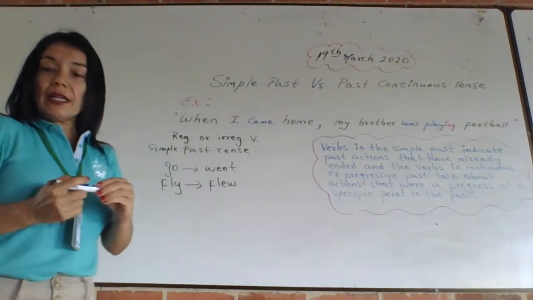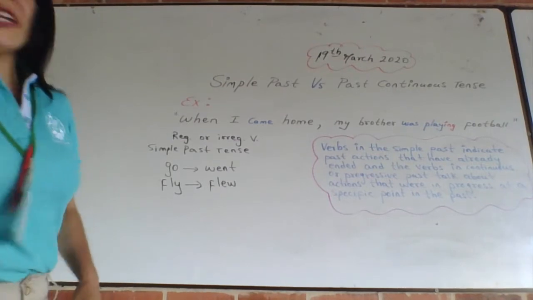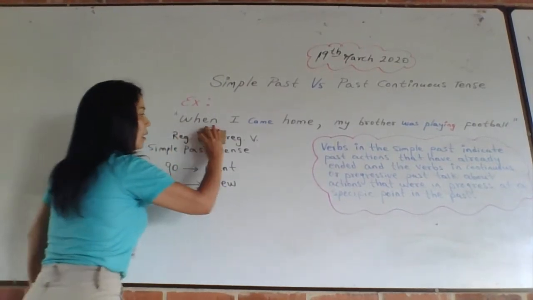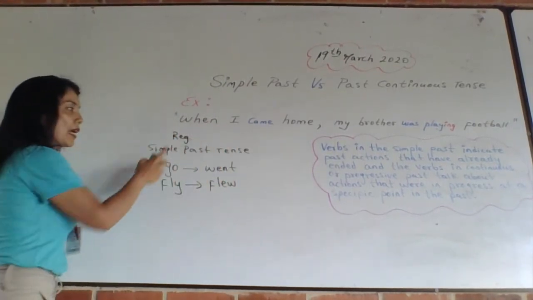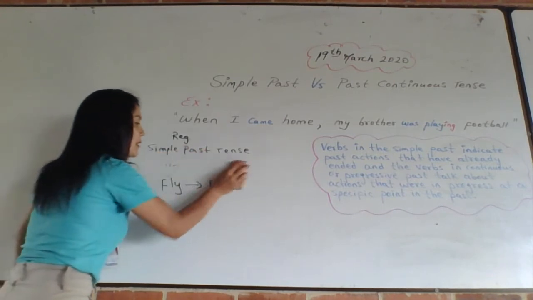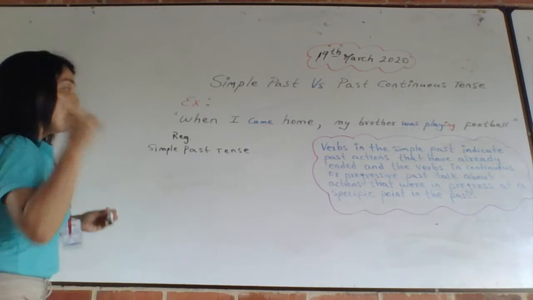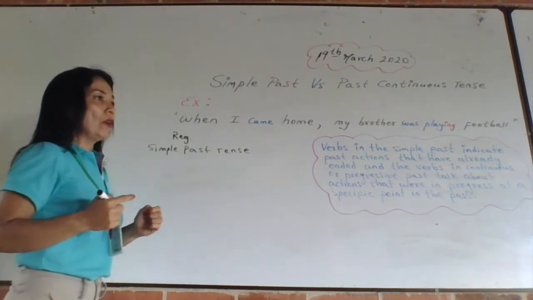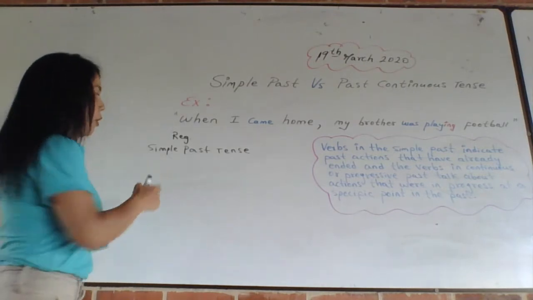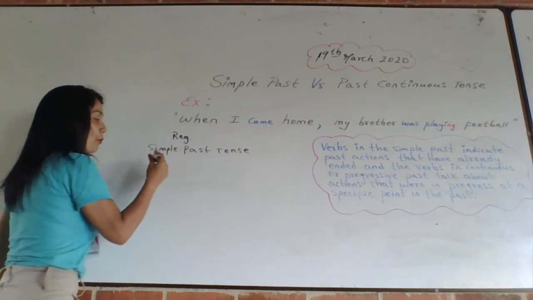So let me explain when you are using just regular verbs. Regular verbs in simple past tense are sometimes so easy, if you remember the rule for the simple past tense of the regular verb.